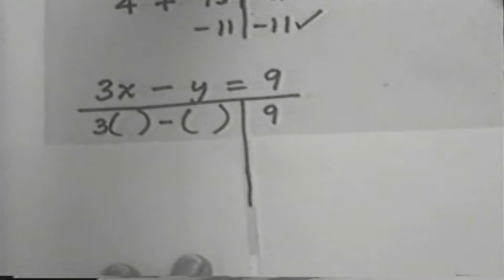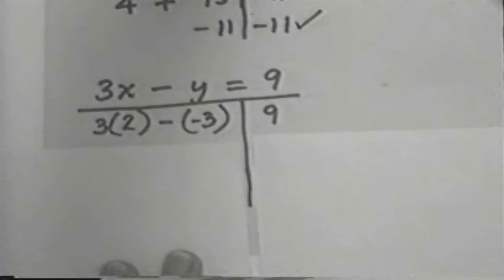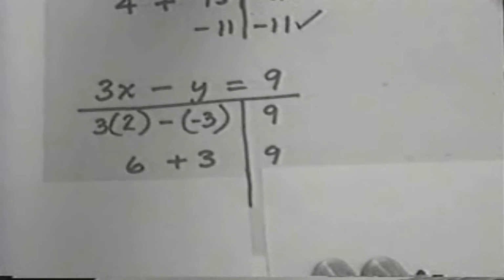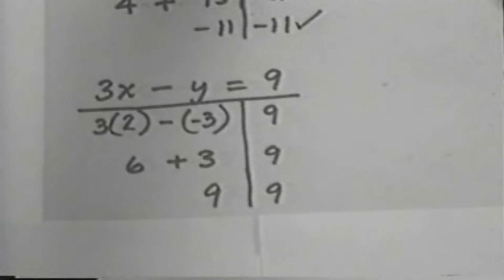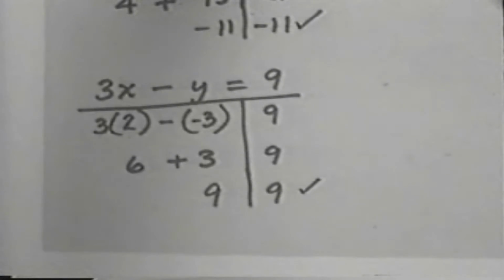The x number in our check is 2, the y number is -3, and so we have 3 times 2, which is 6. 6 subtract -3 is 6 plus 3. On the right we have 9. This gives us 9 on both of them. This checks. Is that enough to tell us that 2, -3 is a solution of our system?